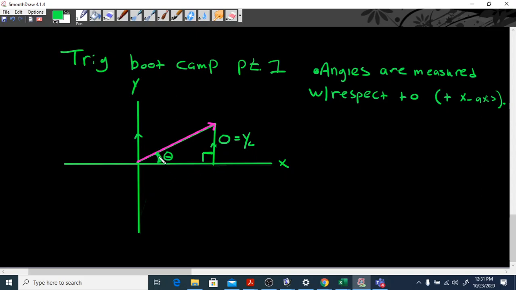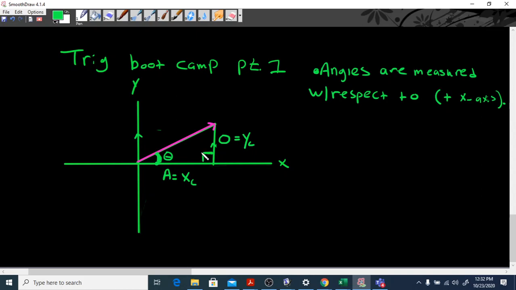Once again, here's the angle, theta. As we can see, the little angle arc is touching the x-axis. Because we measure angles with respect to the x-axis, and because this angle is touching the x-axis, we call this the adjacent side, A for adjacent. But it's along the x-axis, so we also call this the x component.